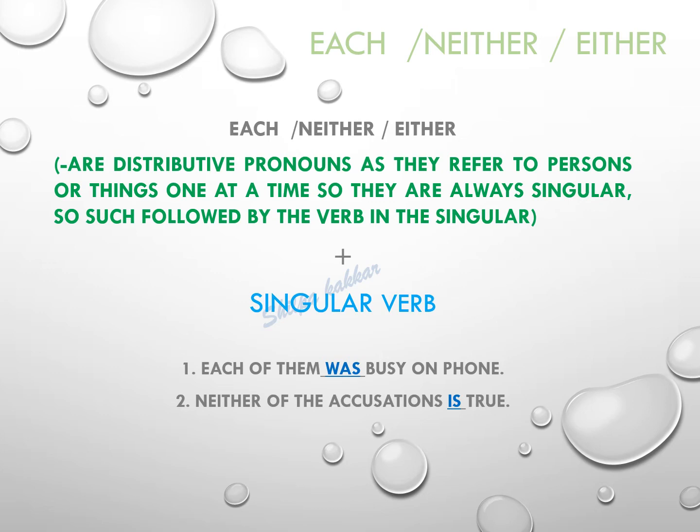You must not get misguided by the word accusations. Accusations, even though it is plural. But see, here we have neither. So when neither is there, at that time we have to use is. So here we have to be very careful while rectifying the sentence.